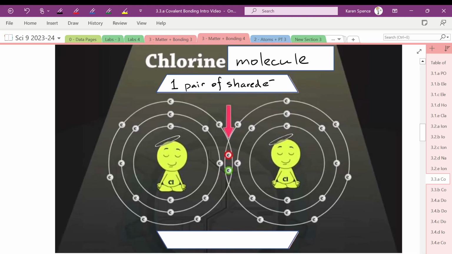And if we have 1 pair of shared electrons, that makes a single covalent bond.